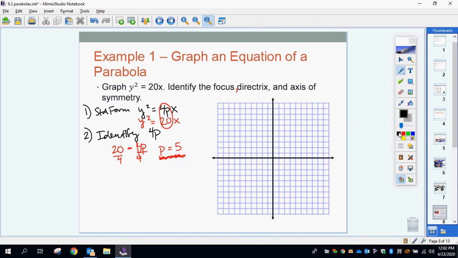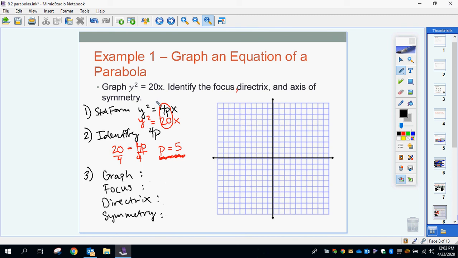After we identify our P, we're going to have to come up with our graph, our focus, our directrix, and it also wants the axis of symmetry. So let's start with the focus.